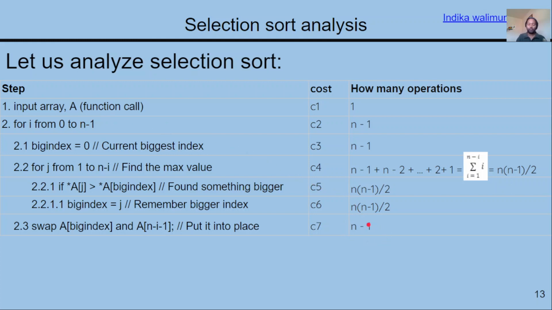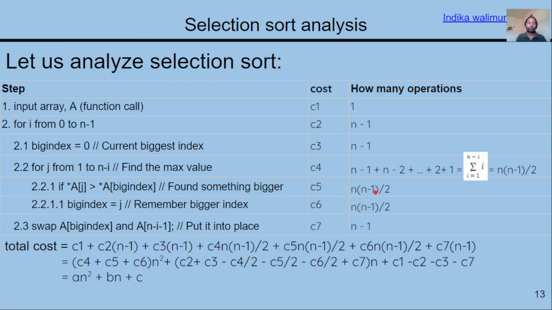So what we need to do now is sum up these values and find the total cost. This is the cost per each simple step, and this is how many of them we have. We need to multiply each cost per simple operation by how many of such operations there are, and then sum up all of these, and we get this expression.